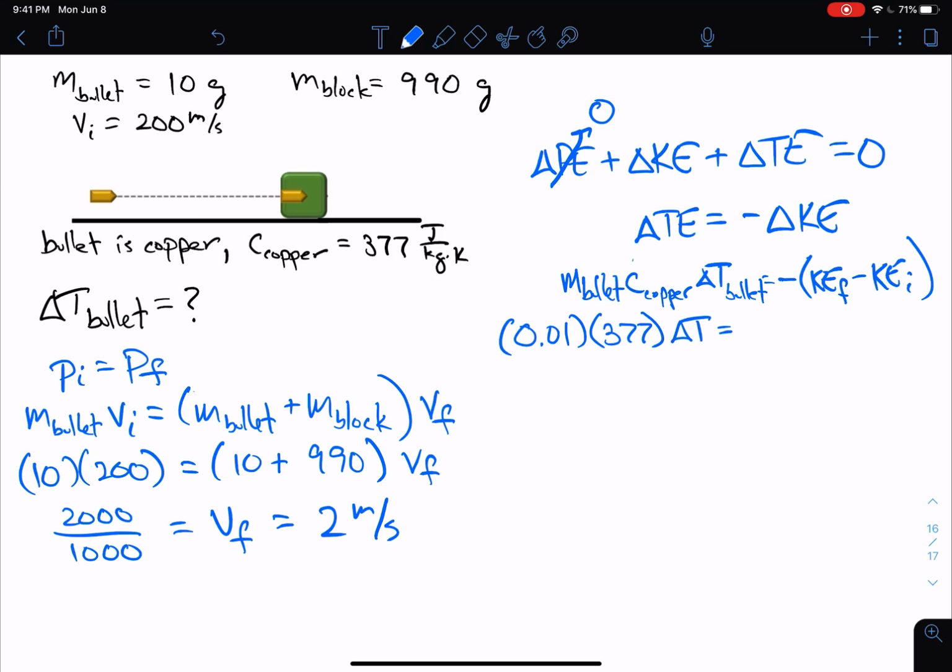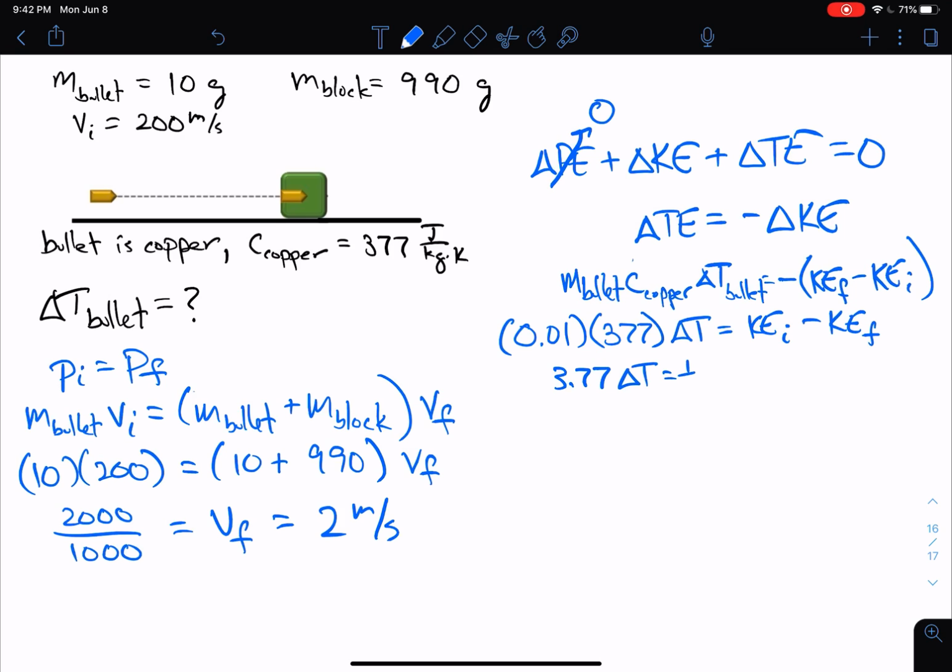And this minus sign can be distributed, so this is the initial kinetic energy minus the final kinetic energy. And 0.01 times 377 is 3.77 times the change in temperature.